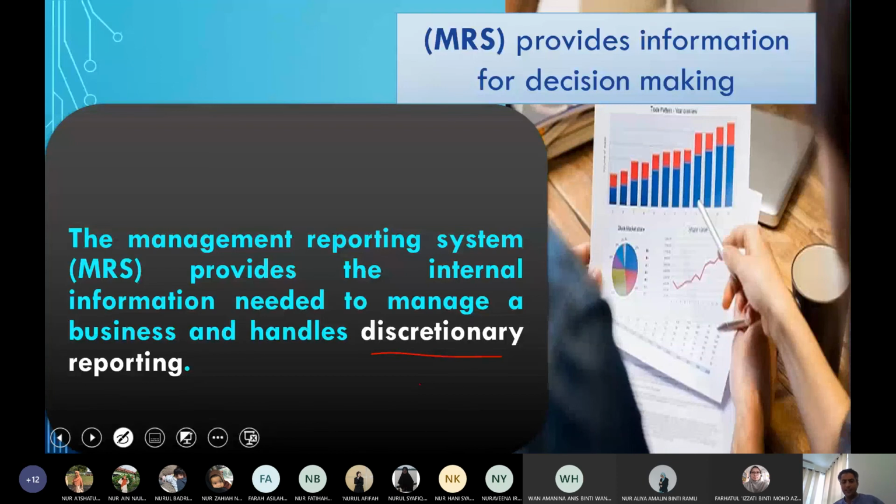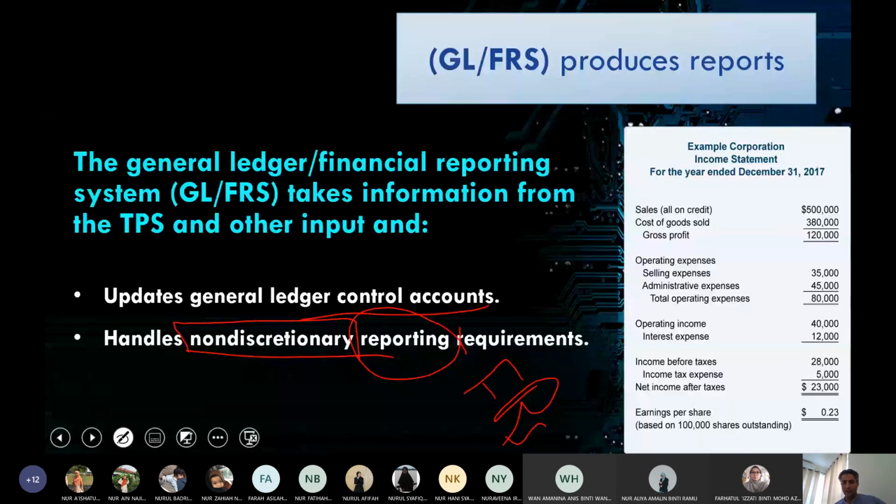But non-discretionary means it's not optional. It should adhere to certain standards and requirements, which means the financial statements require a certain template, even in terms of terminologies and timing.